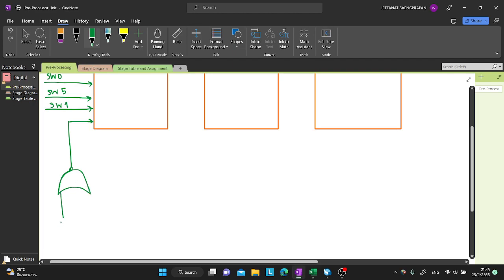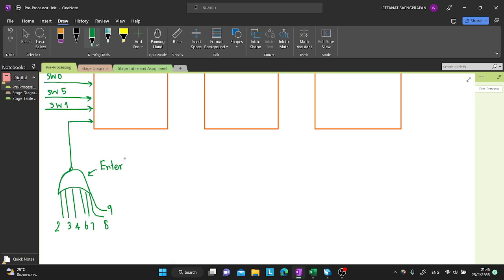The rest of the numbers are 2, 3, 4, 6, 7, 8, and 9. This circuit I'm going to call enter. Enter is pressing any number besides 0, 5, 1.